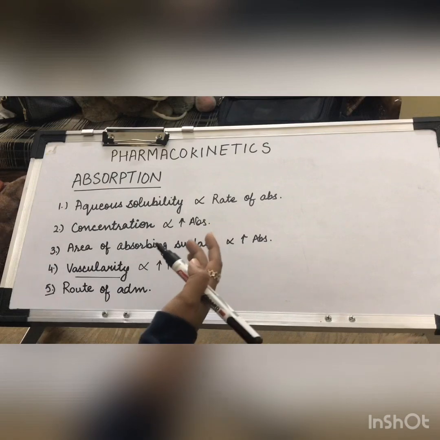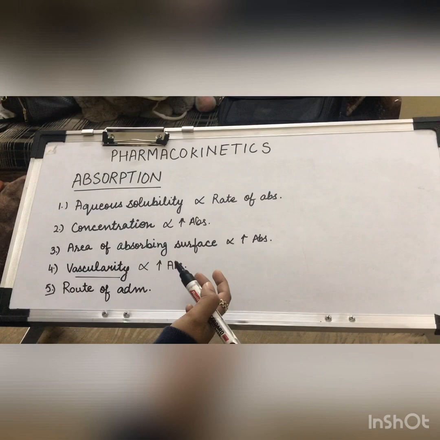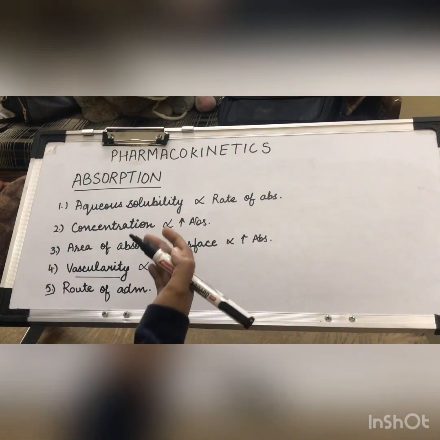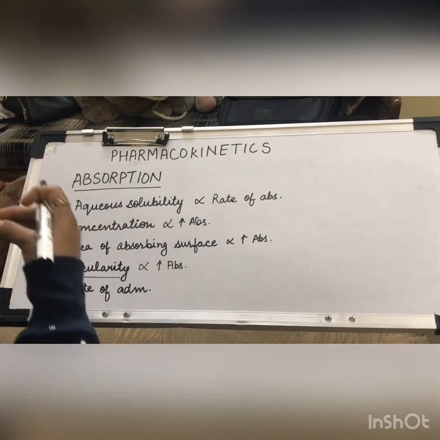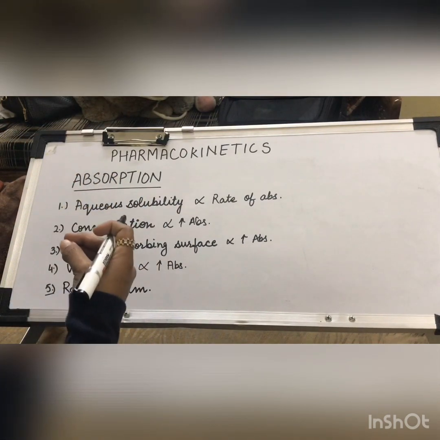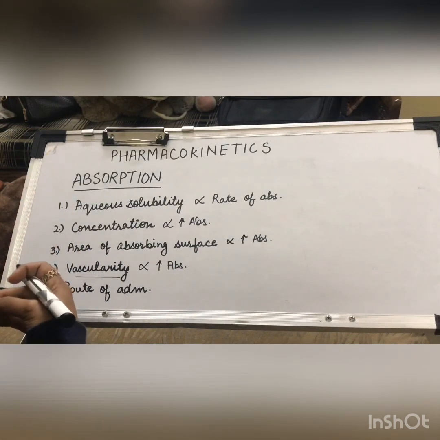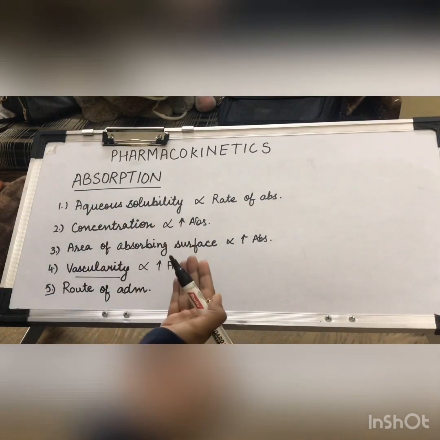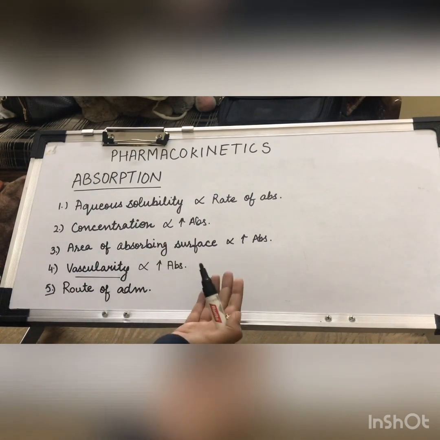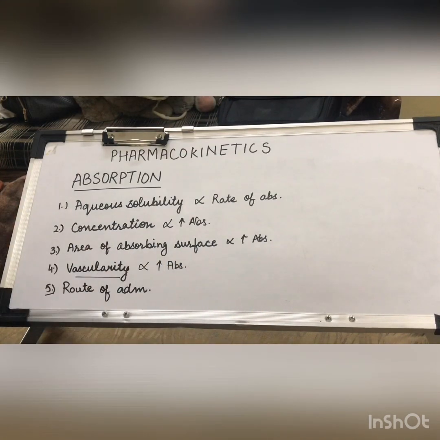Most of the time, your oral route of administration takes the longest to get the drug absorbed into the bloodstream, because your drug has to face different barriers such as the acidic pH in your stomach and the alkaline pH in your intestine. Then it has to cross first pass metabolism, and then it gets into the blood. So different routes of administration will affect the rate of absorption differently.